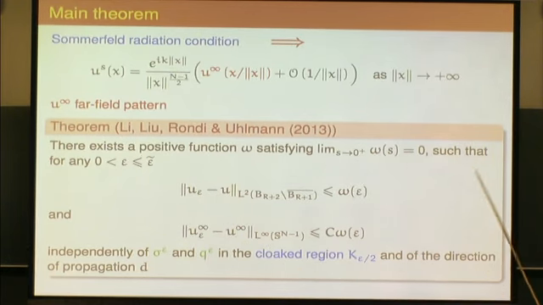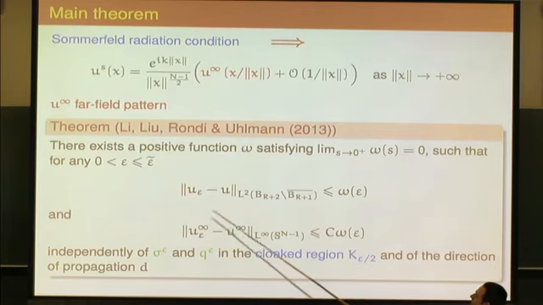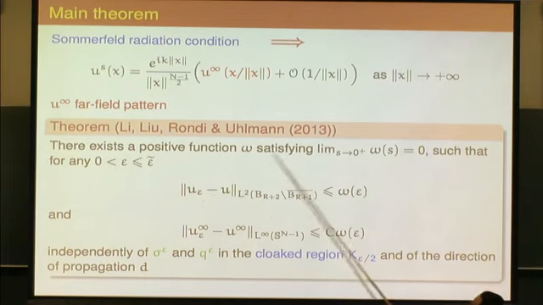The approximation goes this way: this you can think of as the near field error, and this as the far field error. The near field error and far field error go to 0 uniformly with respect to what is inside the cloak region and the direction of propagation d. This is the kind of result. Unfortunately, for the time being, it is only a qualitative result.